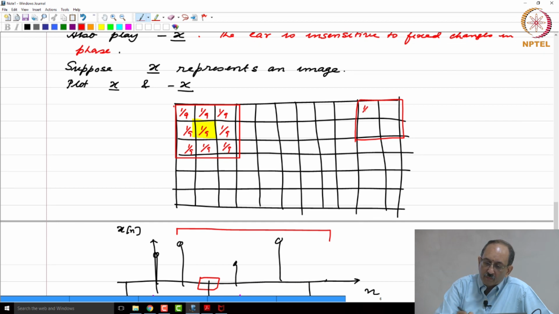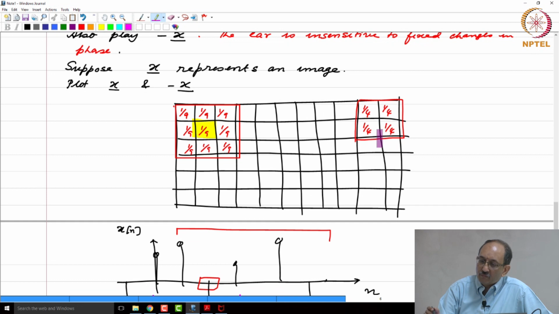All the weights will now be 1 by 4. Again you can average and you will get one number, but where will you place the final result? If you place the final result here, here, here or here, you will introduce half sample delay in the image. You will not be able to line up the original image and the cleaned up image.